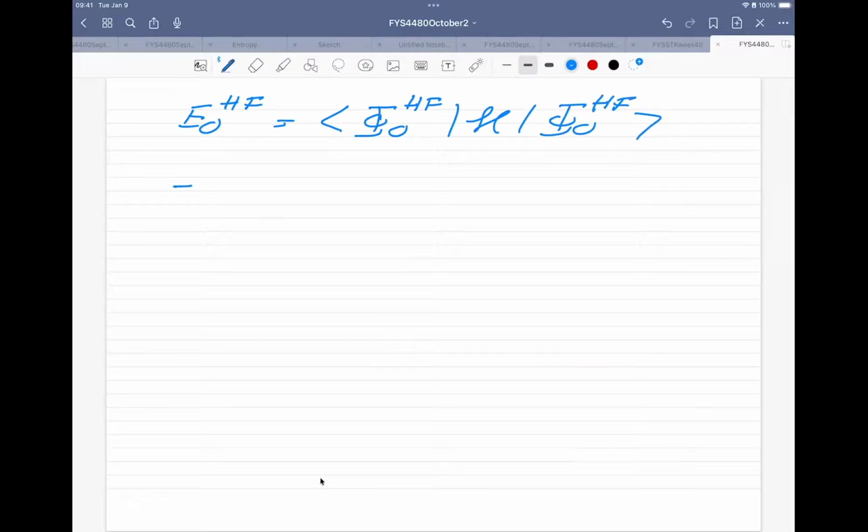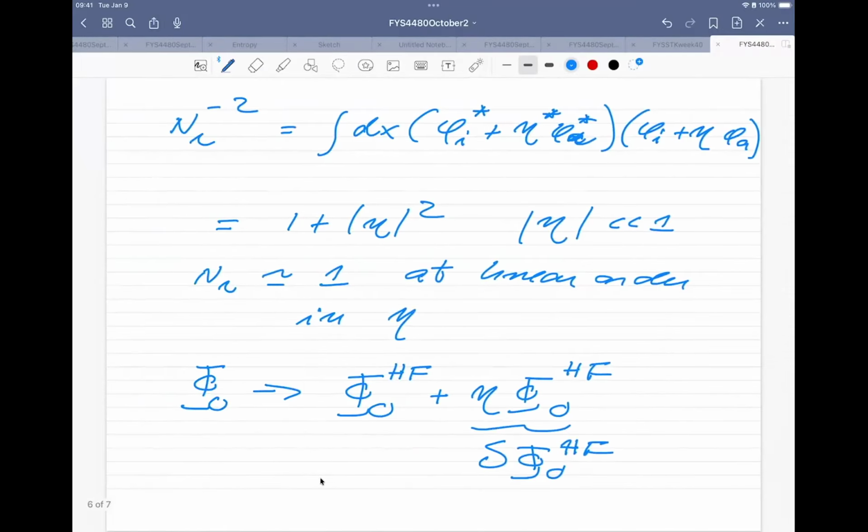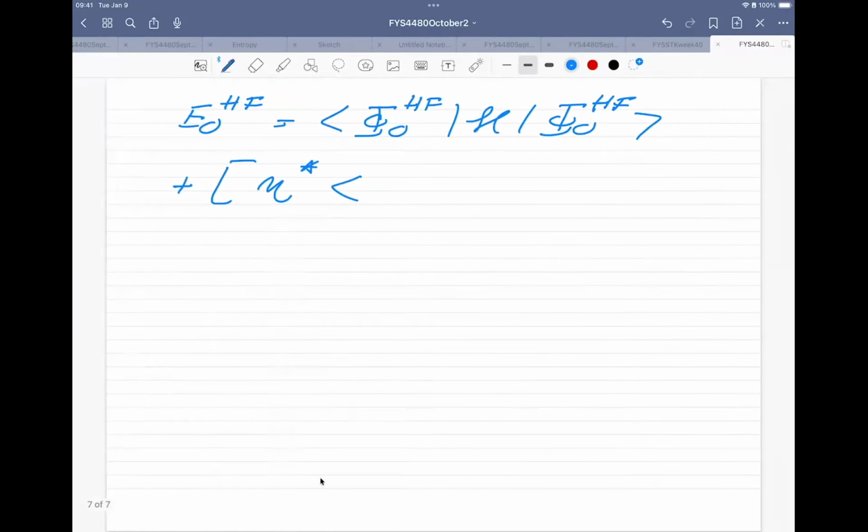But then we get the additional terms. I forgot a small thing here: I'm going to call this perturbation state delta phi 0, to distinguish it from the previous one.